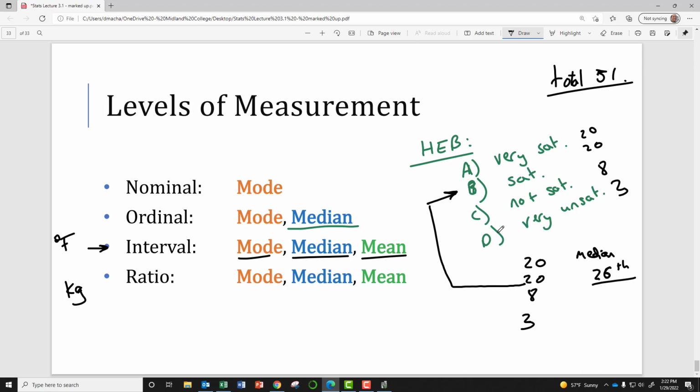Well, for any weight that you're measuring, you can have the mode, median, or mean of the measurement. Where again, I don't really like the idea of mode for interval or ratio measurements because these are quantitative, but technically it means something.